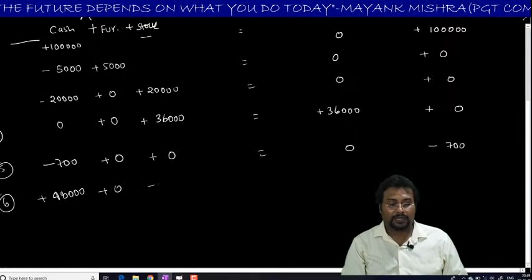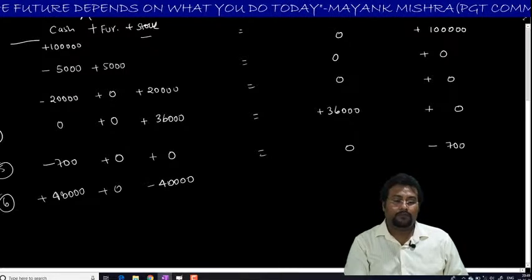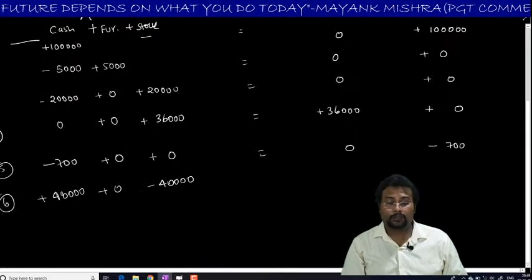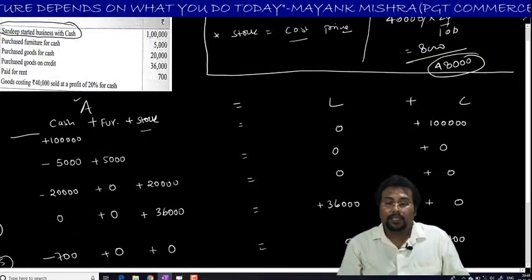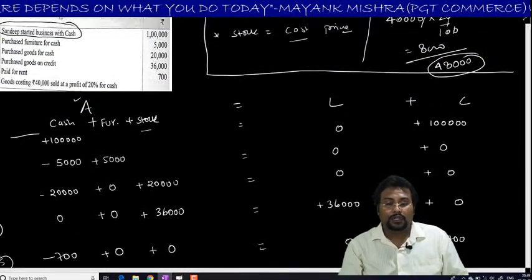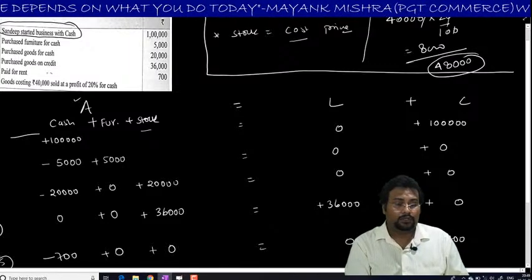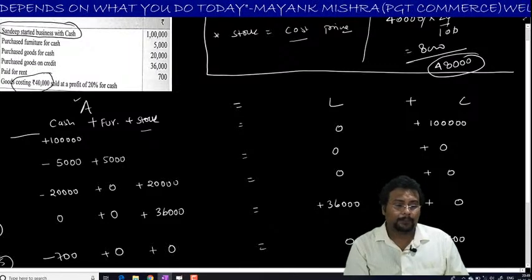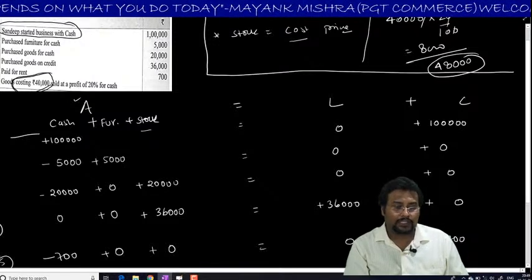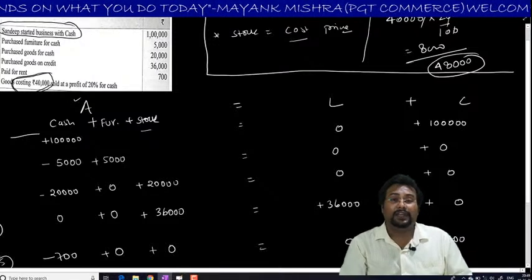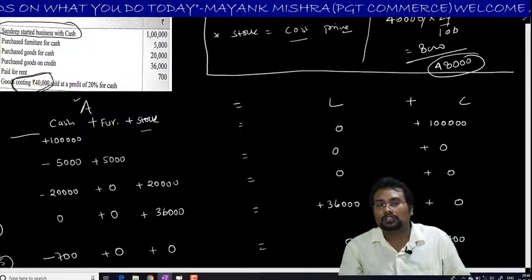On furniture, effect is 0. From stock, goods worth 40,000 minus. Why do we minus 40,000 only? Because, as I told you, from stock we always adjust, deduct and add the cost price only.